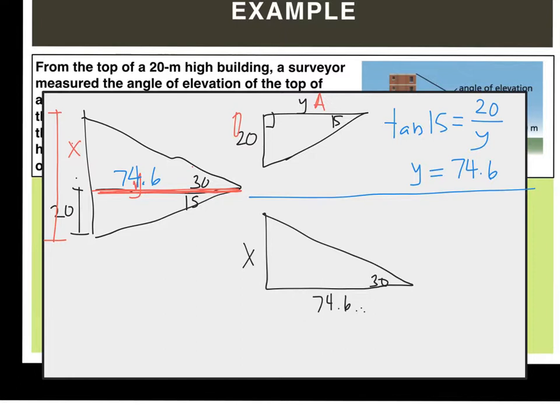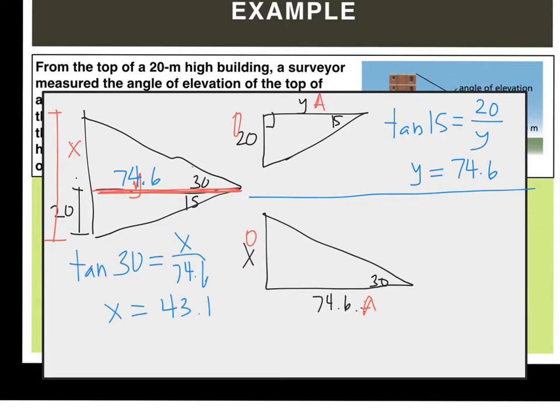So if I label it opposite and adjacent, I'm using tan again. So I have tan 30 equals x over 74.6. So now what do I have to do? Multiply. Times 74.6, times tan 30. I just do it on my calculator, I get 43.1.